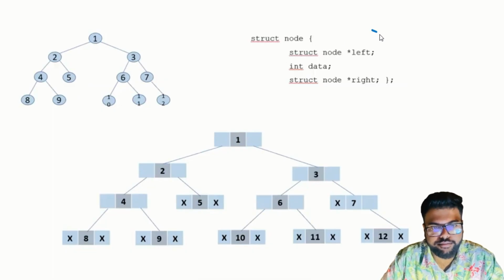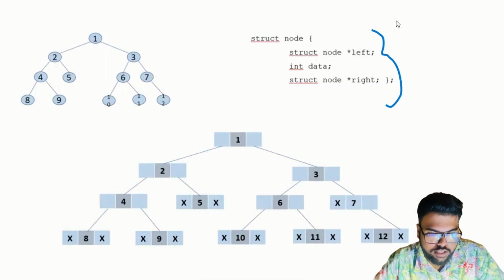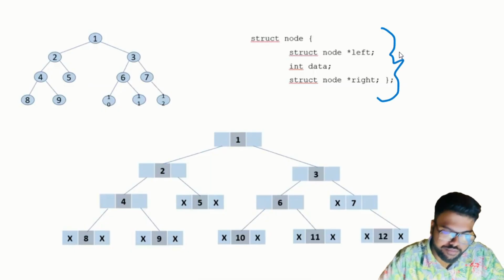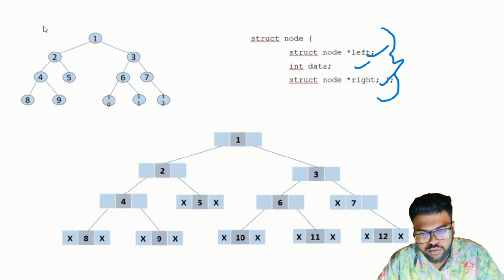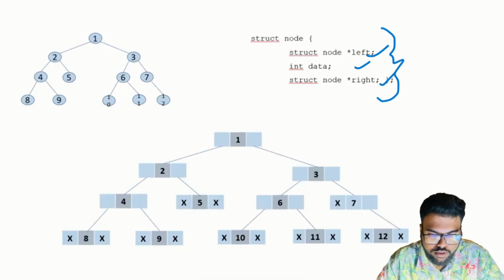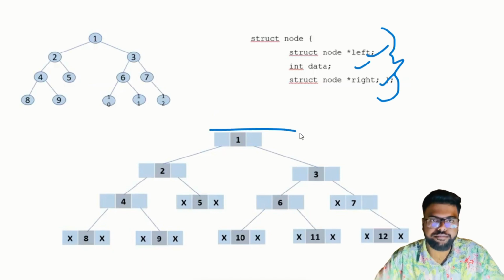So for this tree, the first one is the pointer to the left child, the second one is the data, and the third one is the pointer to the right child. Look at this tree. This is the root node. This is the list representation.